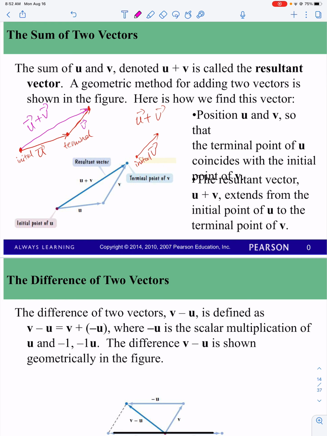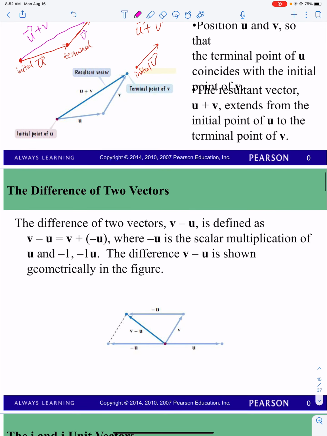So it's obvious, okay? Okay, so what happens with v minus u? I will not use the book's one. So v minus u. If you have a v, what will you do with the u? We used to put the initial and terminal, make it here for the u. Okay, so for v minus u, what will we do?